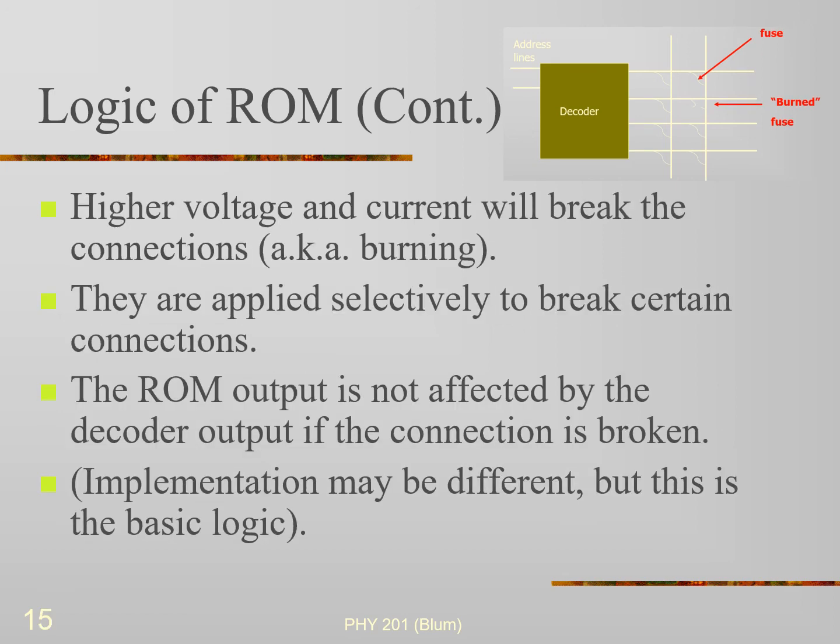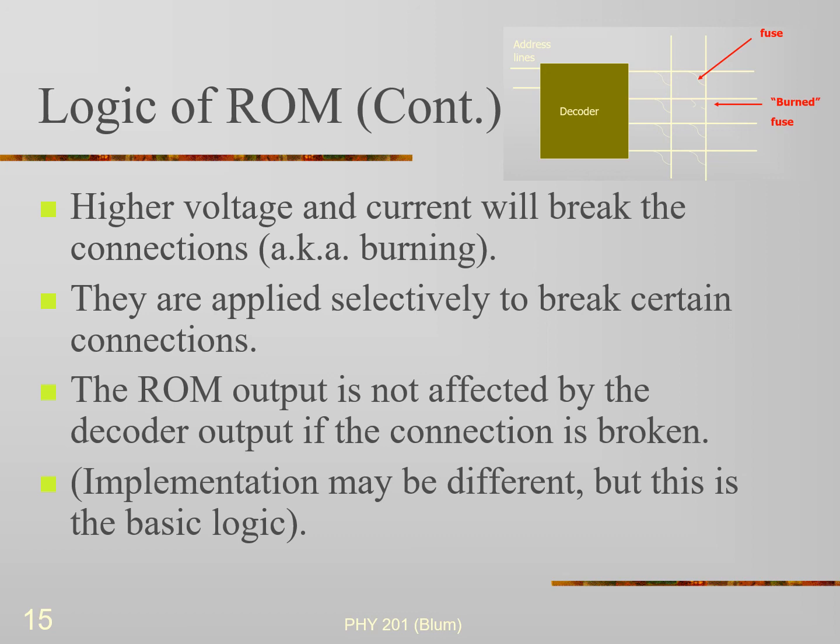So the writing of the values into the ROM occurs at a higher voltage. This is what breaks the fuses or burns the ROM. And so we break some of the connections and don't break others. So we are writing information in broken or not broken. This is the binary of a fuse.